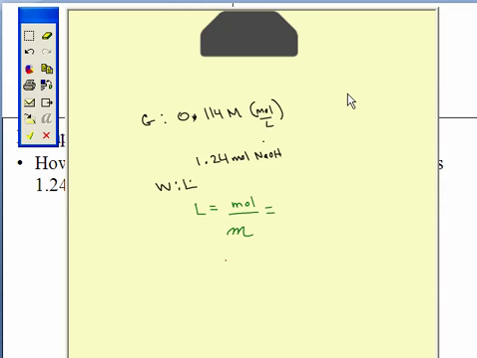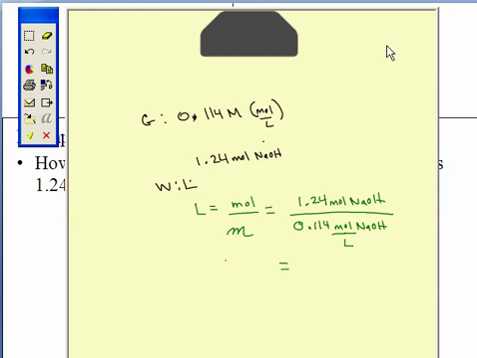So all we have to do is plug in the correct values. I'm given 1.24 moles of sodium hydroxide, and that's over the molarity, which is 0.114 moles of sodium hydroxide per liter.